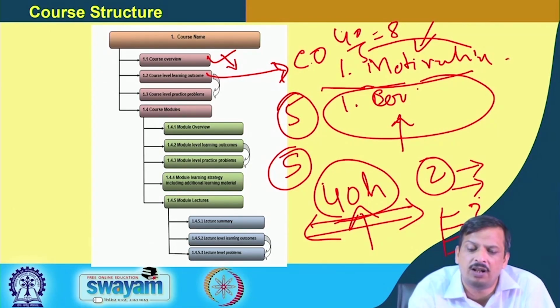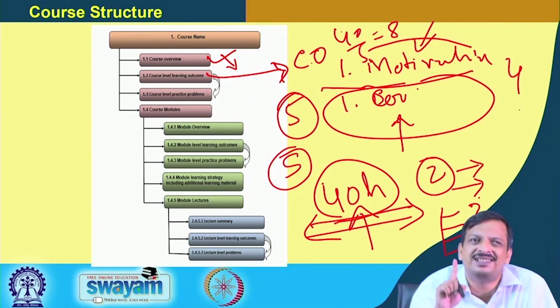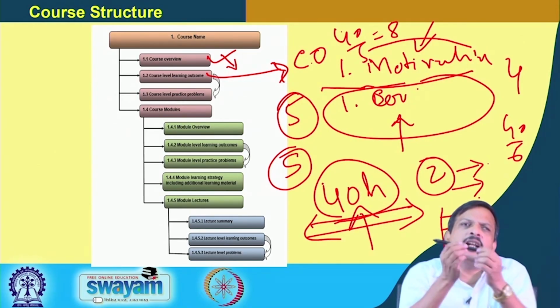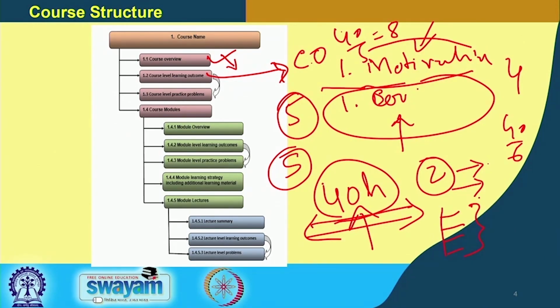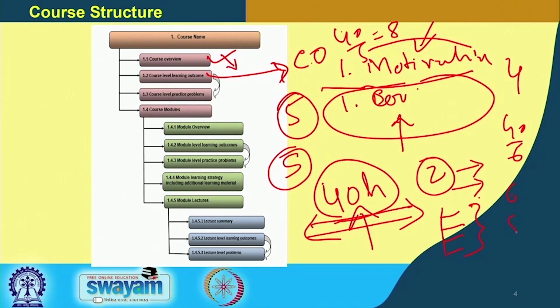If we have 4 outcomes, then the average lectures required is 10. If it is 6, then 40 by 6. It is not necessary that every outcome requires the same number of lectures. One outcome may require 6 lectures, another 8, another 10, another 12, or maybe another 8 and 6.